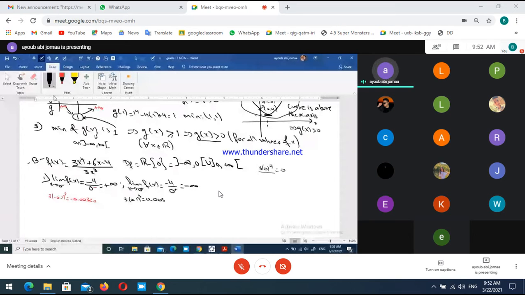But we have a part: deduce any asymptote. What is the asymptote? Horizontal? What can we conclude? No. Limit as x approaches a number, you got infinity. What can we conclude?